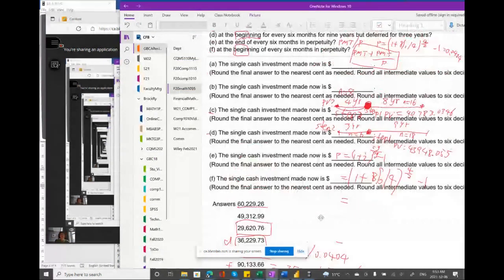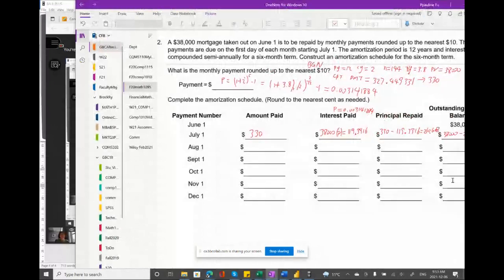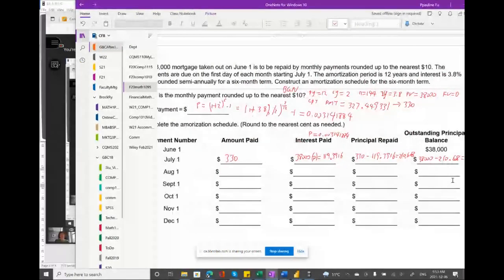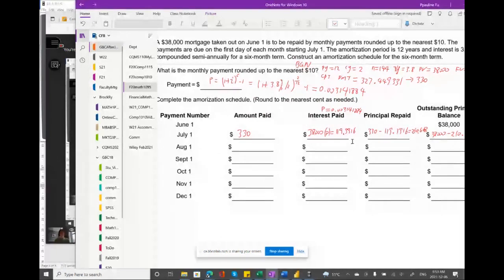Now, mortgage payment question here. A 38,000 mortgage is taken out on July 1st, to be repaid by monthly payments, rounded up to the nearest $10.